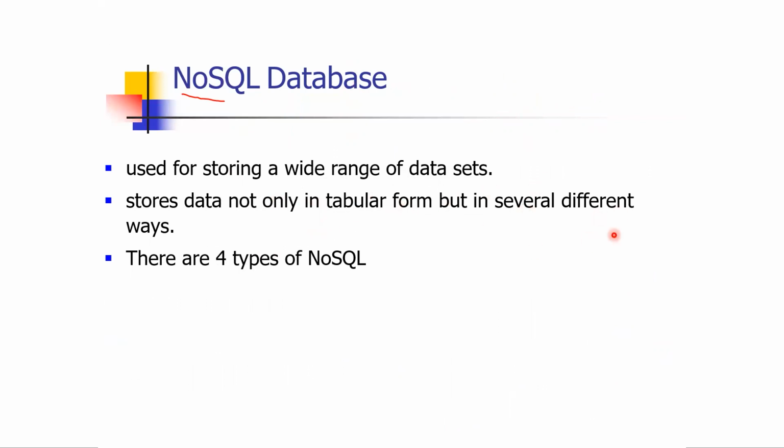We can store according to the condition. So NoSQL database means storing a wide range of data sets. It means we have to handle lots of data, then a simple tabular form is not sufficient, and we have to store the data according to the particular type of data.